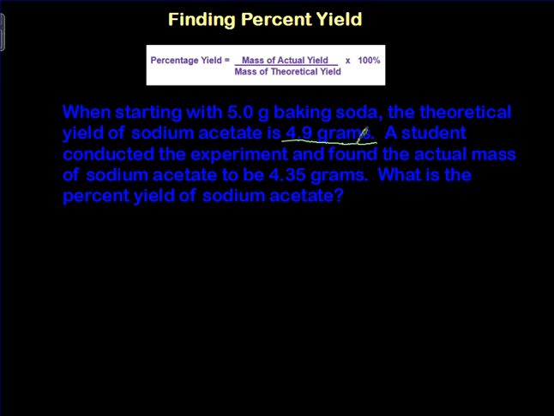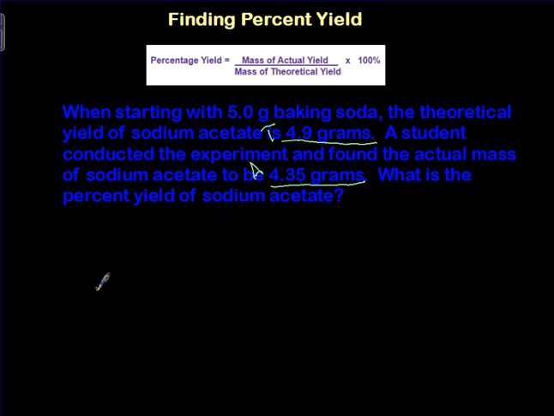That's my theoretical yield. Now what I'm going to use for the actual yield is whatever was determined in an experiment. So since we're talking about the experiment down here, this is going to be my theoretical, and this one is going to be my actual. Notice they're both in grams and they're both of the same substance.